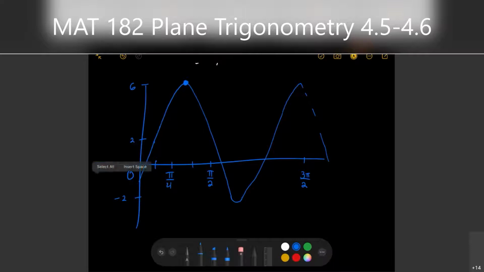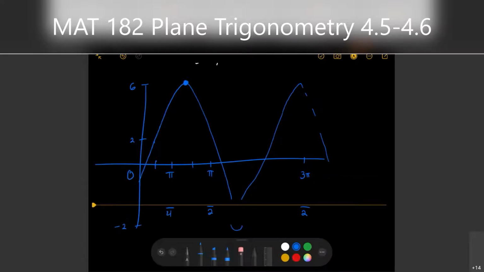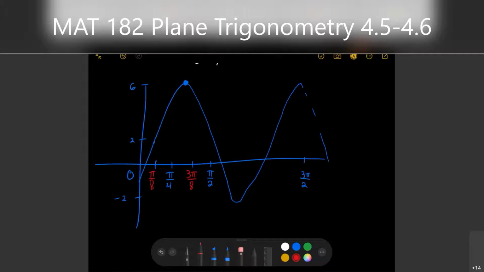Oops. Anyone do that? Me. This would end up being pi over 2, and this would be pi over 8. If we looked at fractions in between these, pi over 8, 2 pi over 8, 3 pi over 8, and pi over 8 would be those fractions.